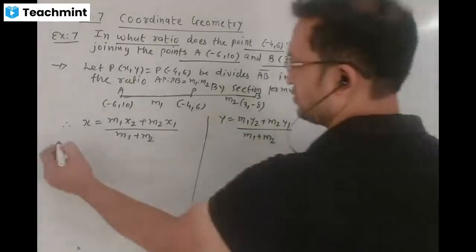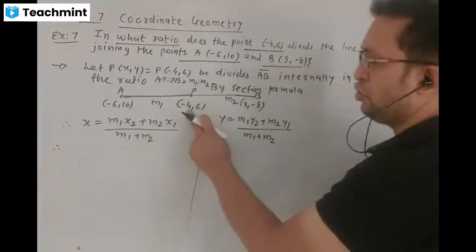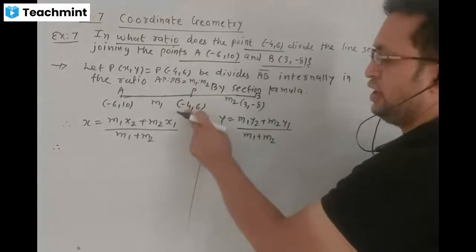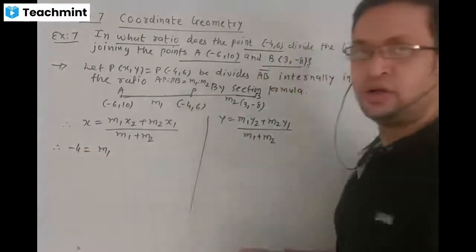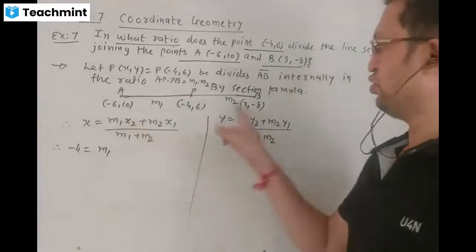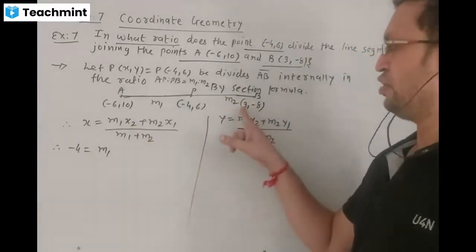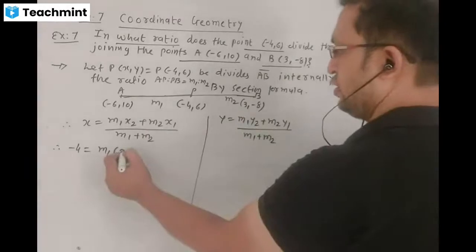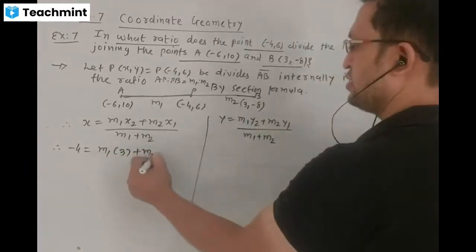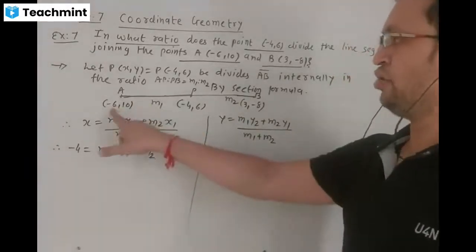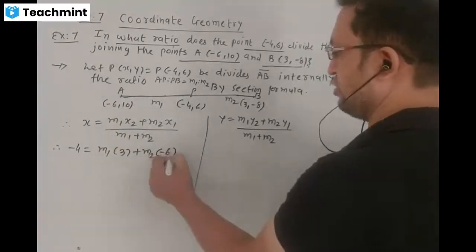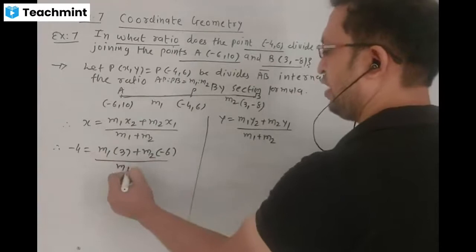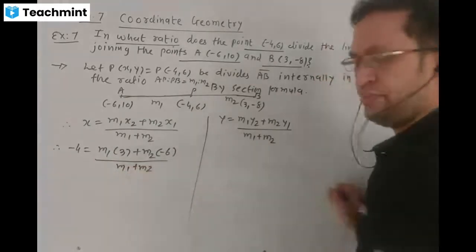What is x? x is the coordinate of P, which is -4. m1 as it is, x2 is the x coordinate of B, that is 3. m2 as it is, x1 is -6, divided by m1 plus m2.